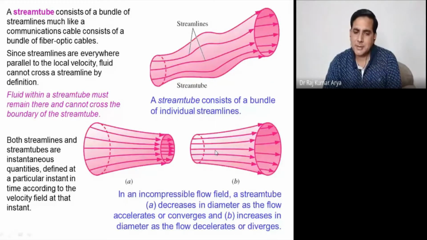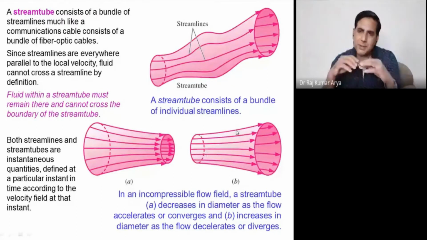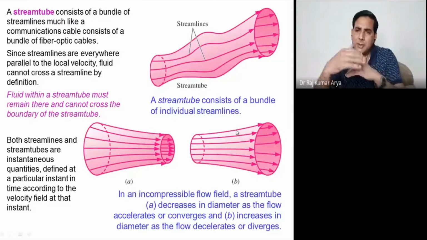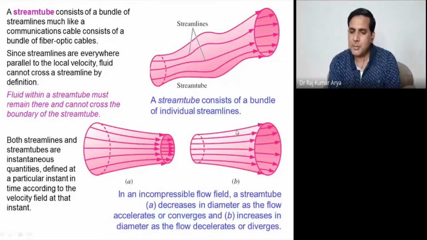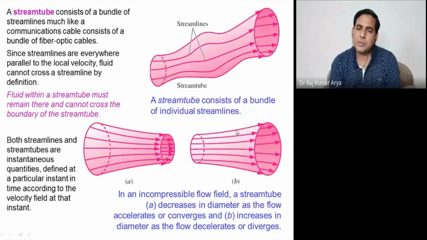All these streamlines, when covered in a particular envelope, are called the stream tube or the stream bundle. So your entire fluid flowing part is a combination of millions, trillions of streamlines actually.